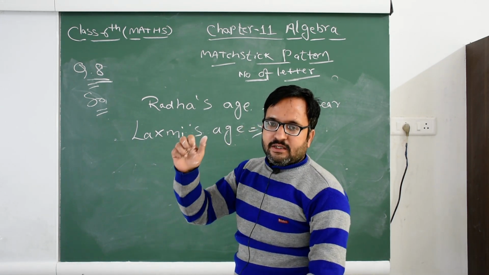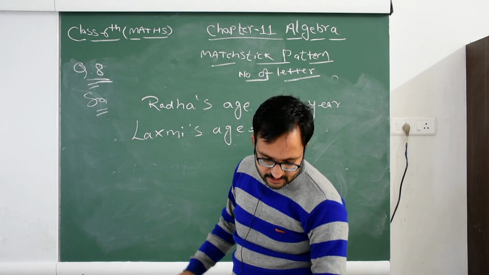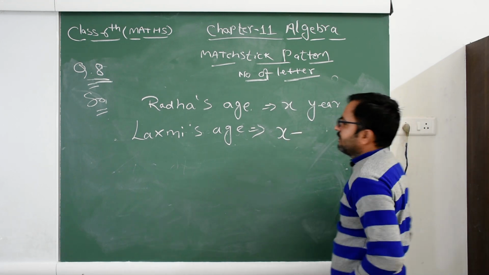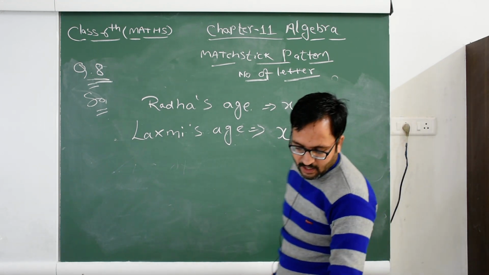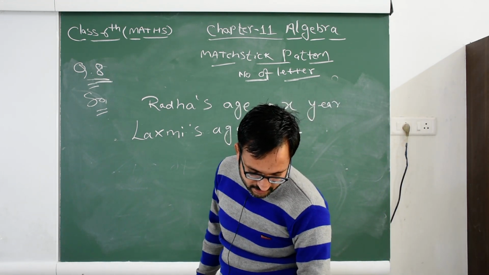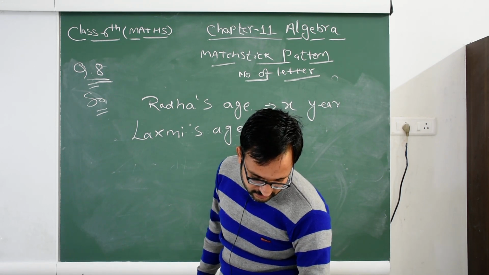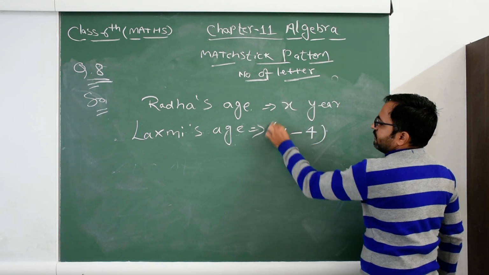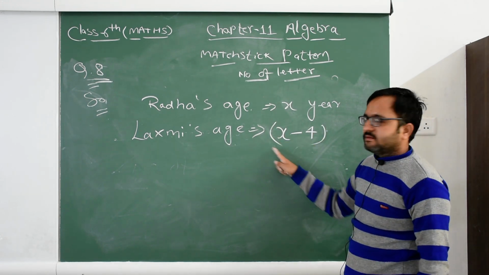Younger means below in age. So now we subtract from Radha's age x minus, how many years younger? Leela is 4 years younger than Radha.